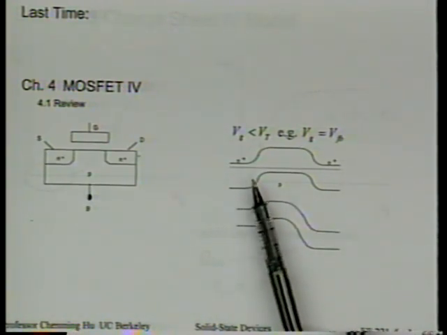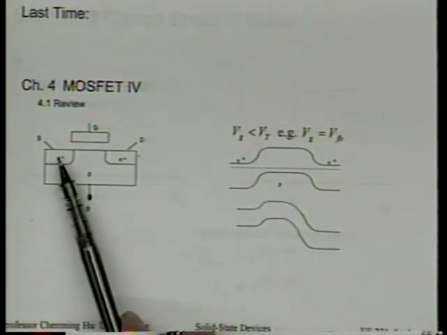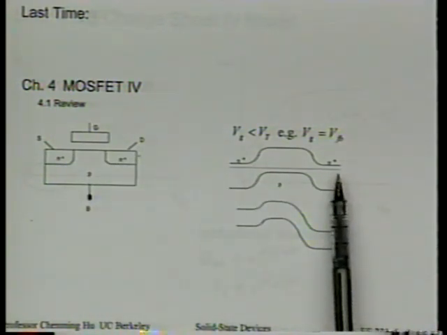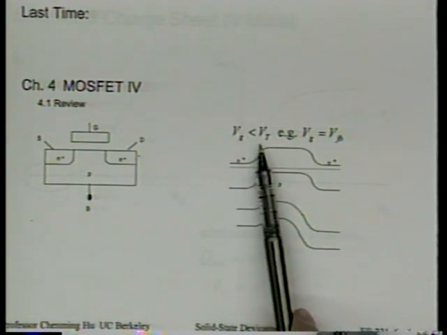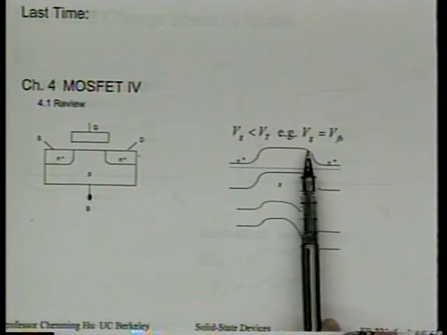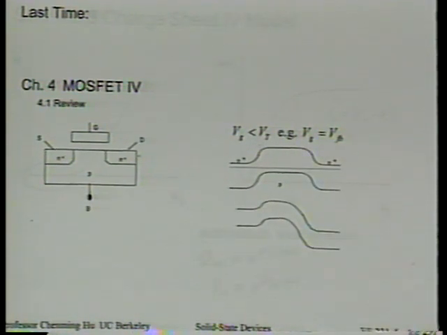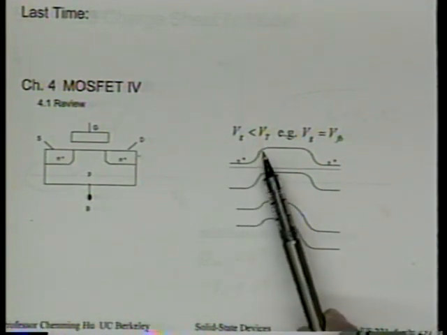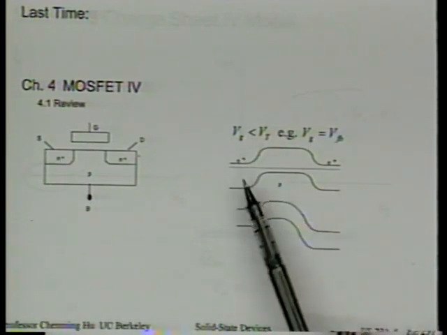This is the energy band diagram drawn from the source across the channel region into the drain. For the case VG less than VT, such as when VG is equal to VFB, the flat band voltage, there's a large barrier between the source and channel.